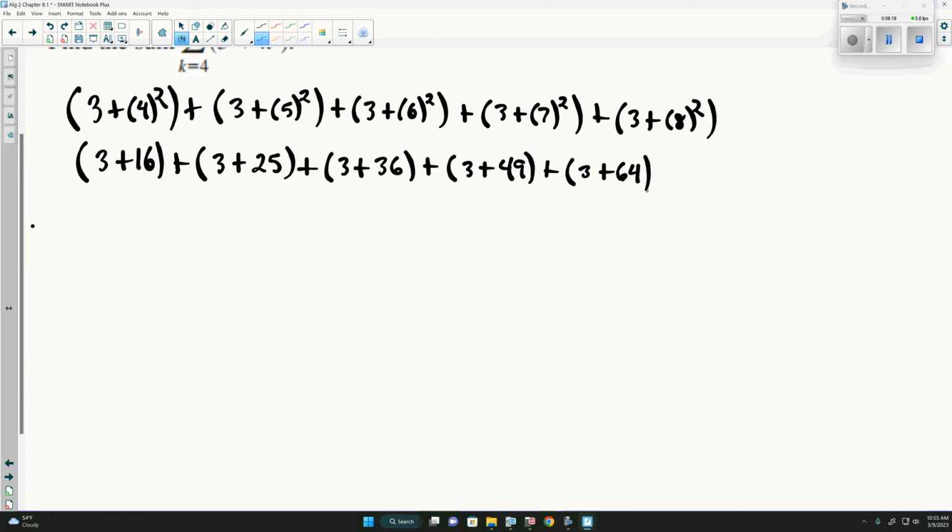Now we can add each of these together. 16 plus 3 is 19. 25 plus 3 is 28. 36 plus 3 is 39. 49 plus 3 is 52. And 64 plus 3 is 67.